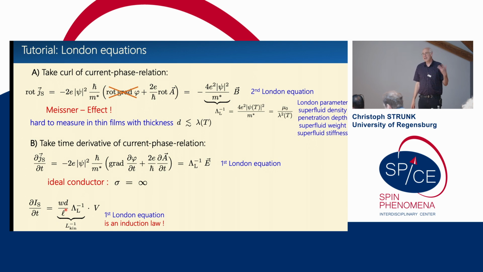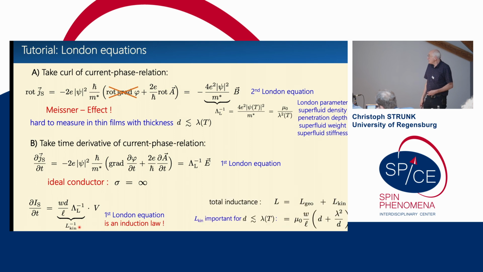It is a Faraday law, basically, and the prefactor here, the inverse London parameter, plays the role of what is called kinetic inductance. So this kinetic inductance comes on top of the more familiar geometric inductance.